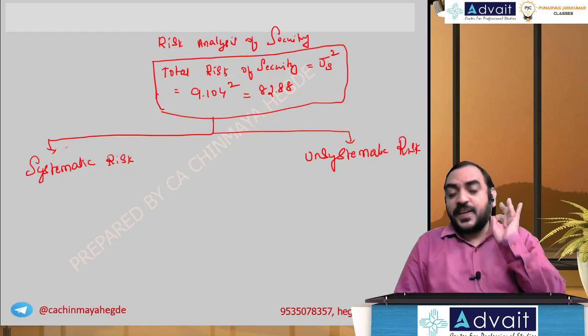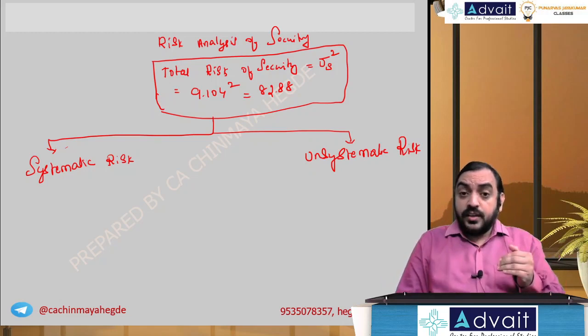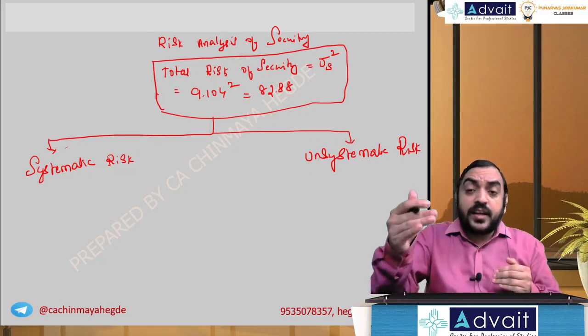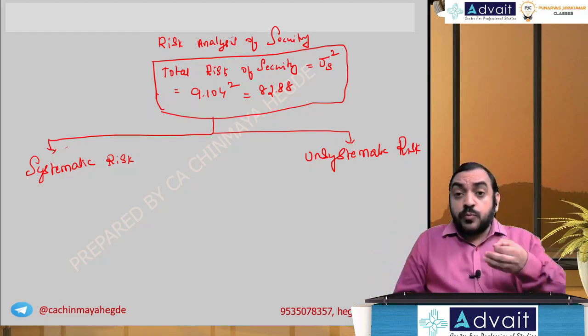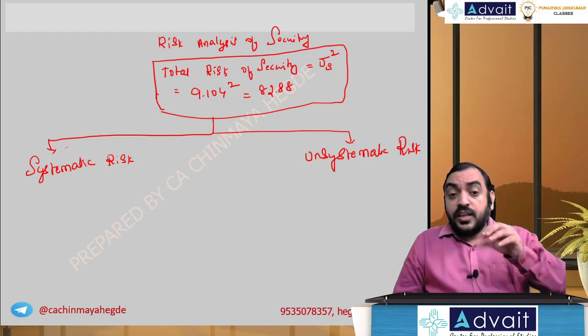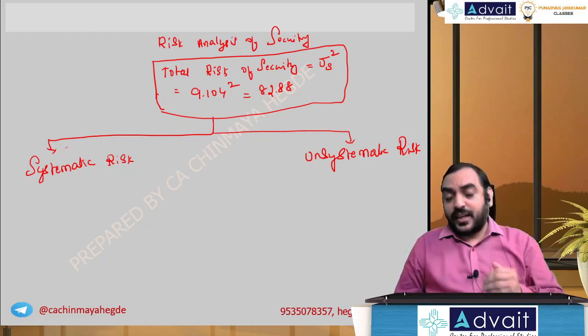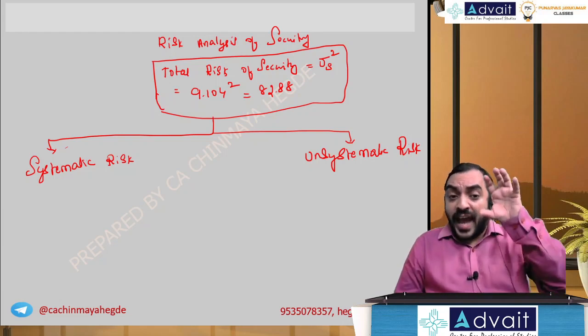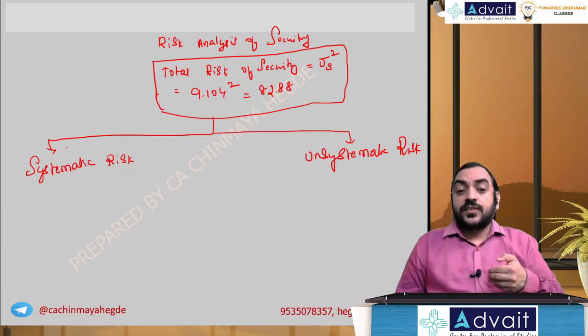What is systematic risk? It is the movement of the security connected with the market. When the market changes, the security also changes in connection with the market. So, if I have market variance, can I calculate security variance?